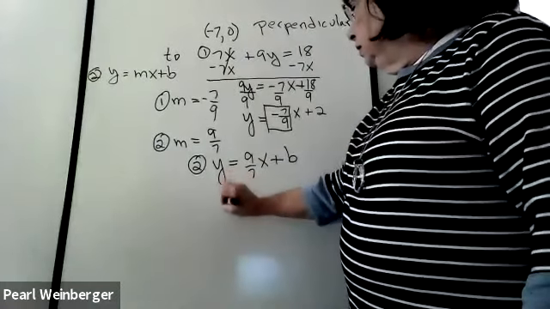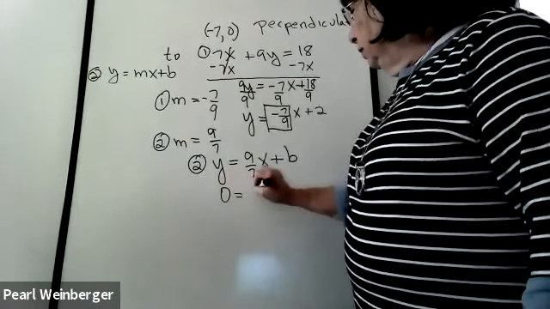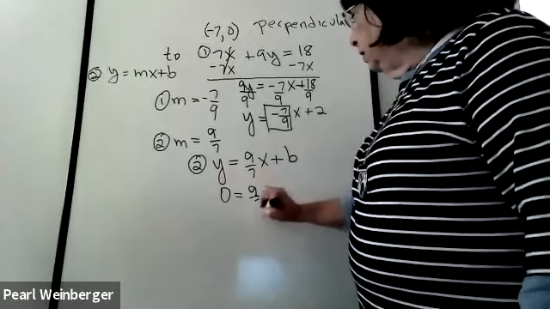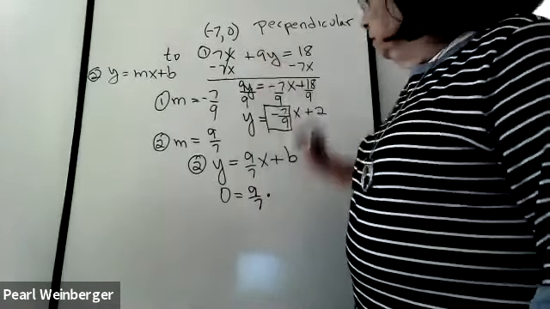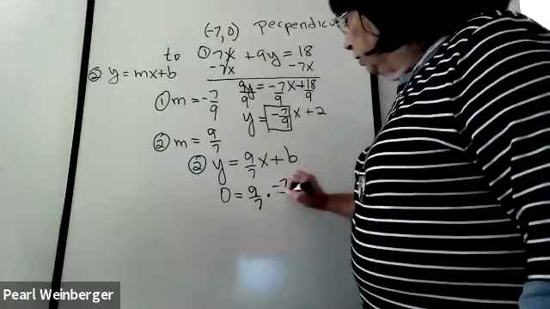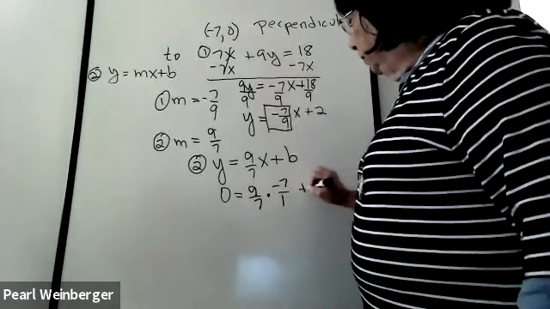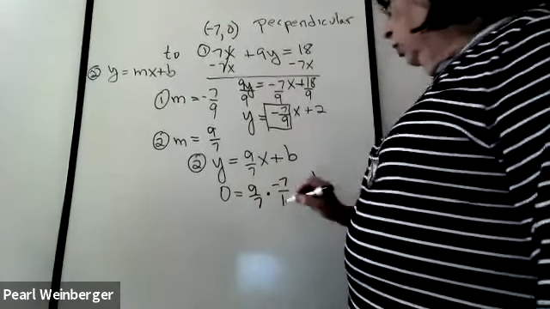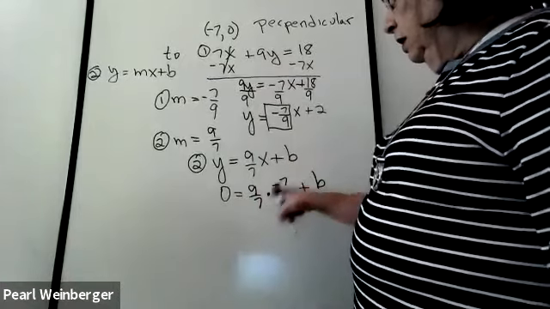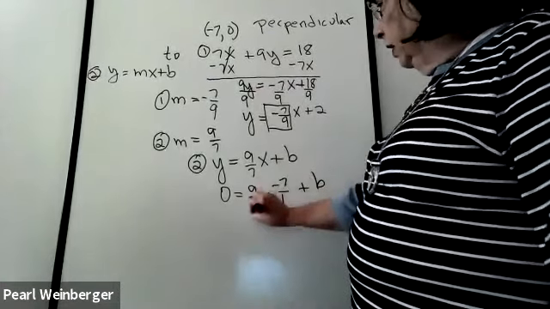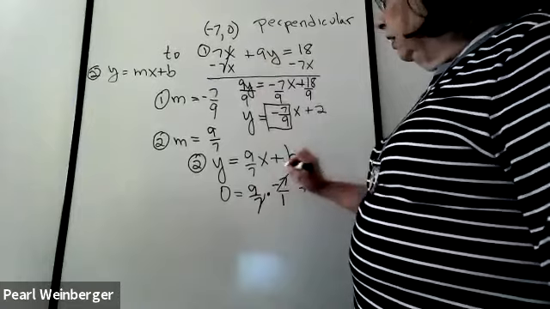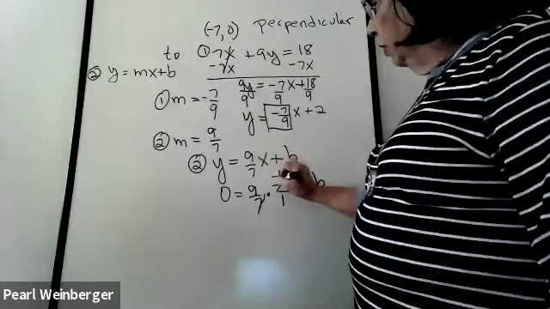So this will give me 0 equals 9/7 times -7, which I'll write as over 1, plus b. Now, this one worked out nicely because the 7 here will cancel into the 7 there and leave -1.